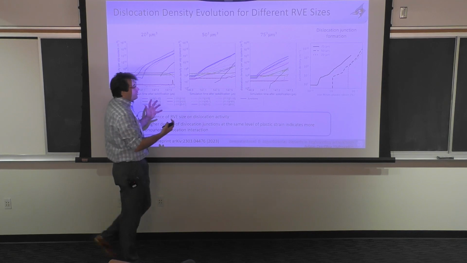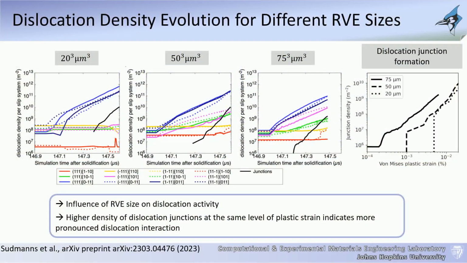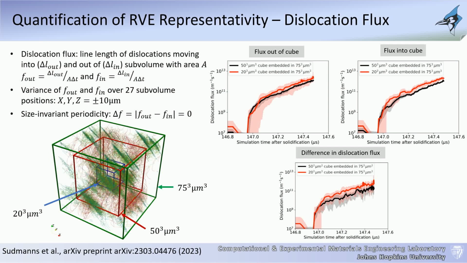Okay, so how do we learn from any of this? What we are starting to do is take this 75 micron simulation, and if I want to upscale information to crystal plasticity, they don't care about the actual dislocations per se; they care more about evolution equations. So we can create different subvolumes in the large 75 micron volume and look at the flux of dislocations through the boundaries of these subvolumes as the simulation evolves.